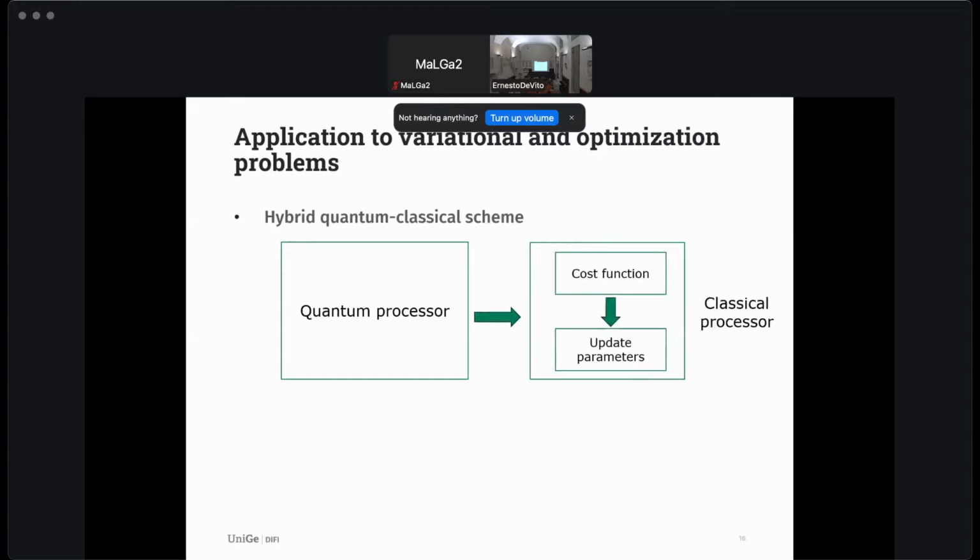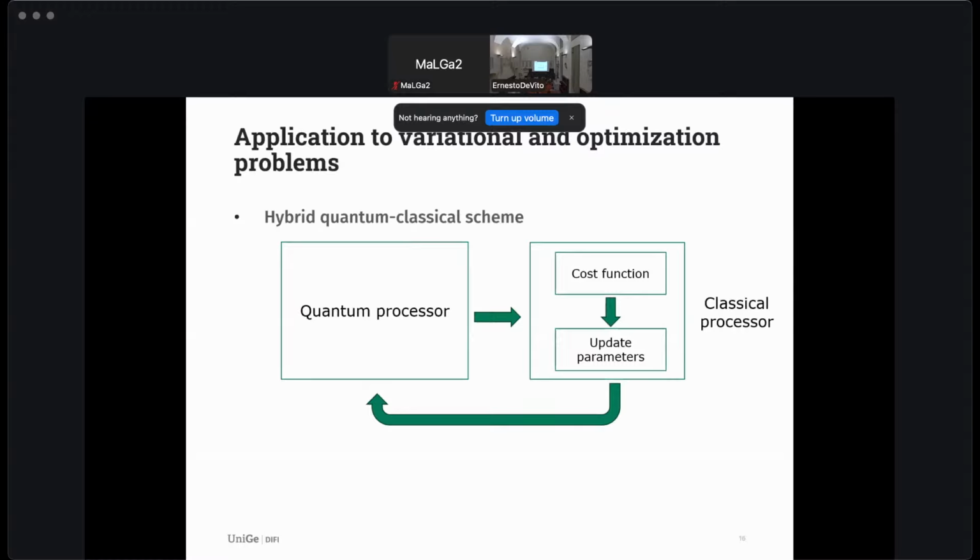Then you feed the result to a classical processor that calculates the cost function, or the gradient, depending on what you want to solve, and then you update the parameters. This is a classical step, and then you feed the information back to the quantum processor. This can go on until you decide to stop because you have reached the ground state energy, or it's good enough, or the calculation has been going for a month and that's enough. So this is the idea.